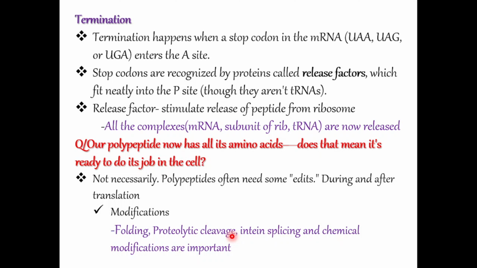In such a way, it forms a polypeptide. Then, after the polypeptide is synthesized, it has to stop. How to stop? That is what we call termination. That happens when a stop codon appears in the messenger RNA: UAA, UAG, UGA. If these stop codons enter the A site, they stop synthesis of the polypeptide. These stop codons are recognized by protein release factors, which fit neatly into the site, though they are not transfer RNA.